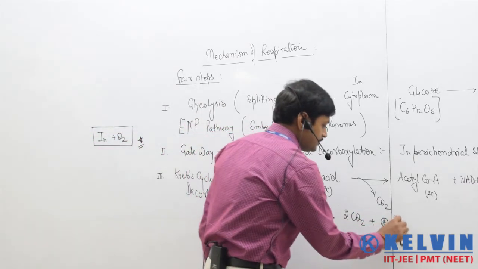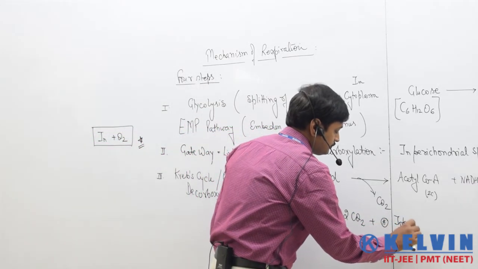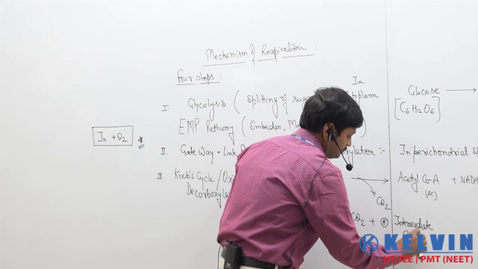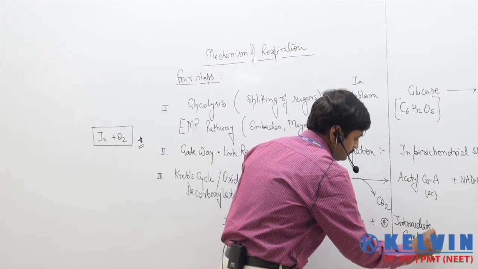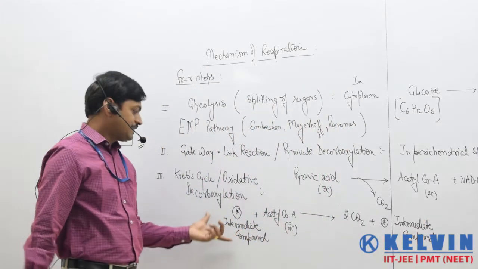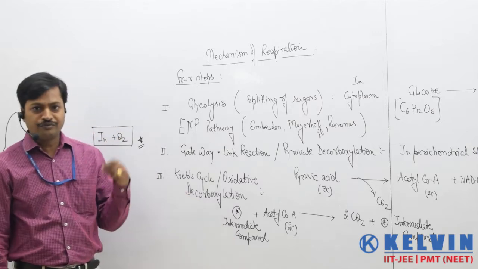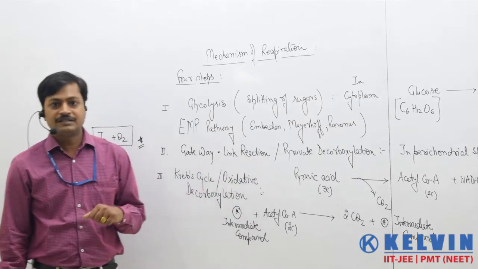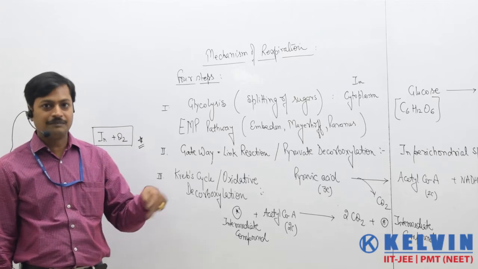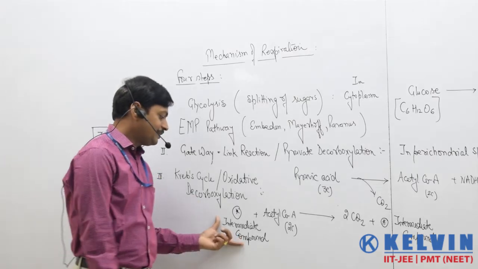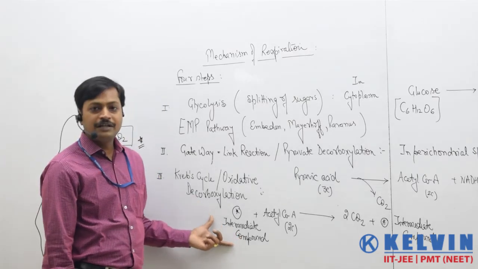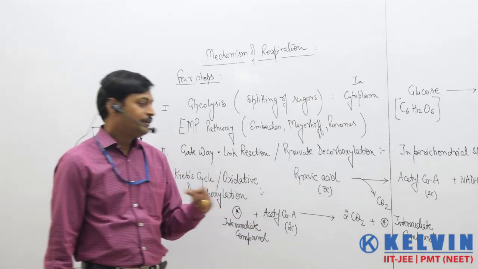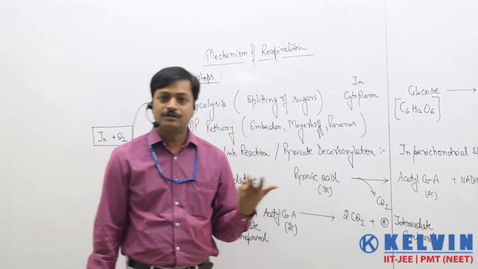In the presence of this intermediate 4-carbon compound, it combines with the 2-carbon compound. The first product is a 6-carbon compound, and during the complete cycle the intermediate 4-carbon compound is regenerated, and from the 2-carbon acetyl coenzyme A, 2 carbon dioxide molecules are released.